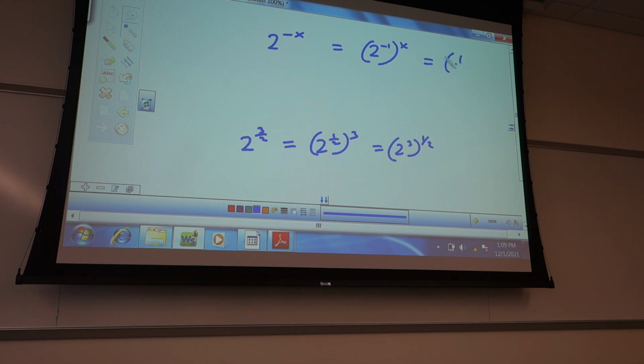Remember, negative 1 means you take 2 and instead of multiplying by it, you divide by it.